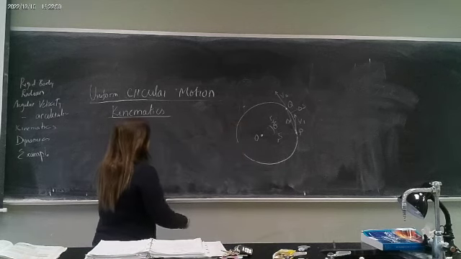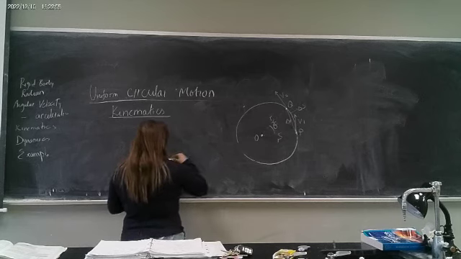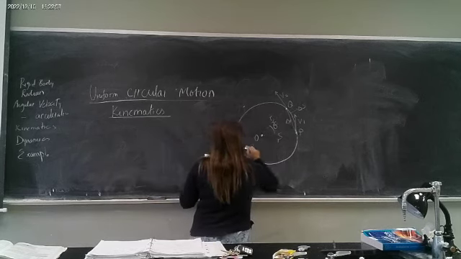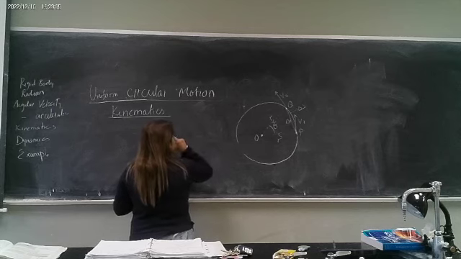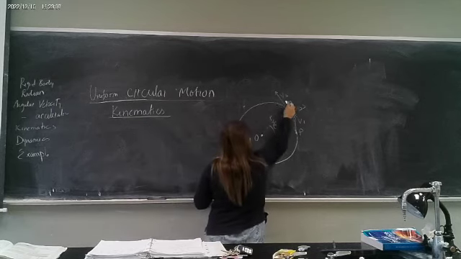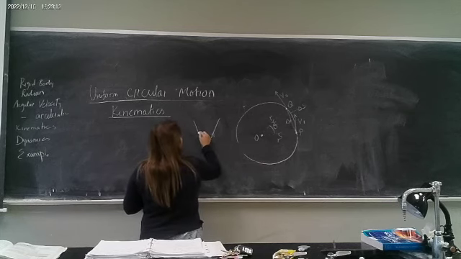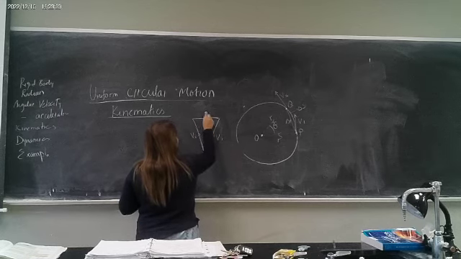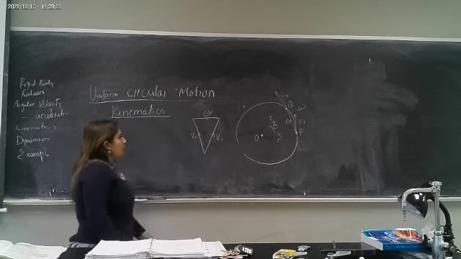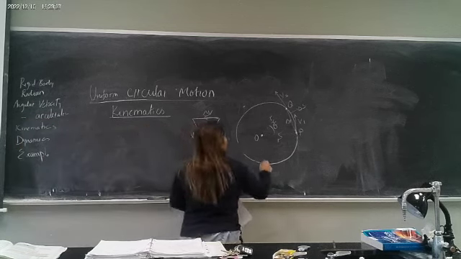Now you could see two isosceles triangles here. One is this triangle, and the other one is this. Using these two, I can put them together. These are two vectors, V1 and V2, and delta V. So these two triangles should go through the same angle change.